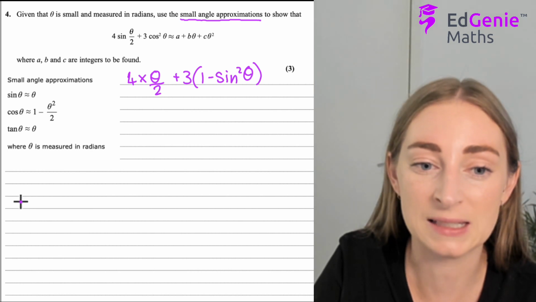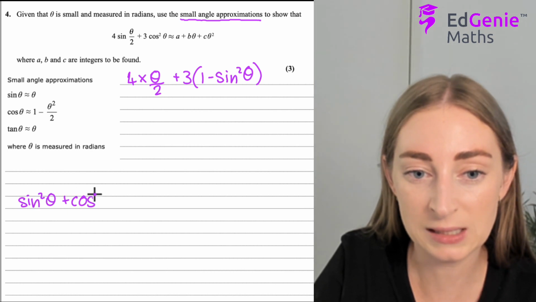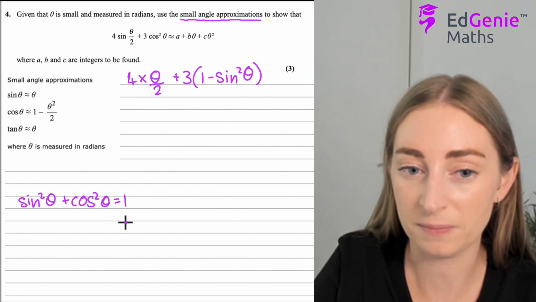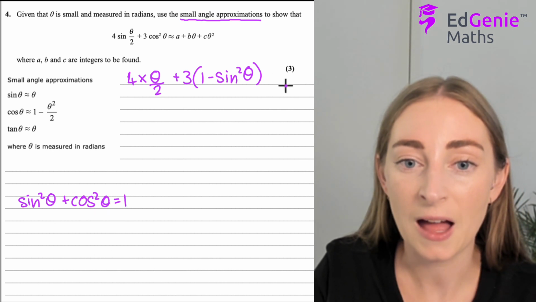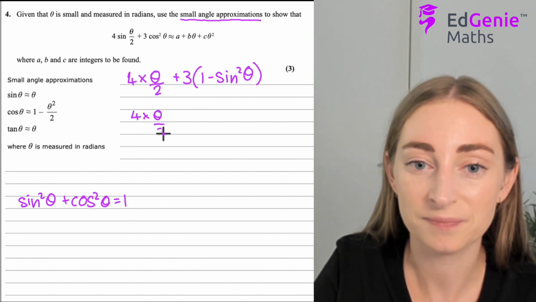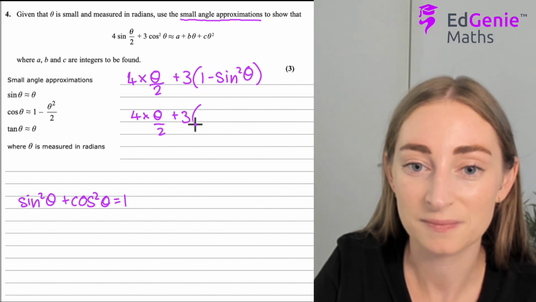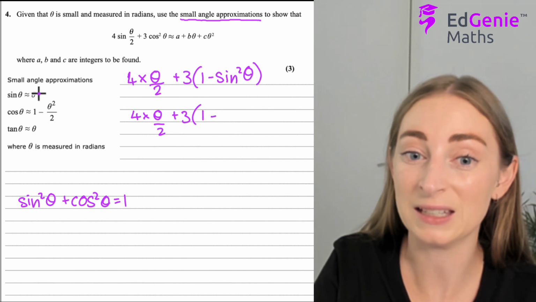Because do you remember the identity? Sine squared theta plus cos squared theta equals 1. So that means cos squared equals 1 minus sine squared. And then, this is going to be a bit easier for us now. Sine squared theta is going to be theta squared.